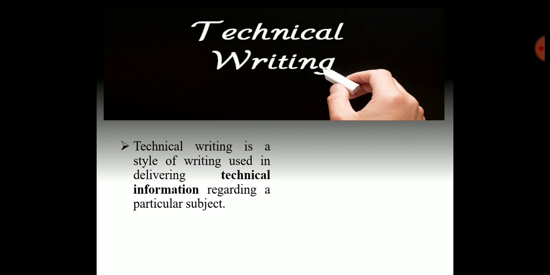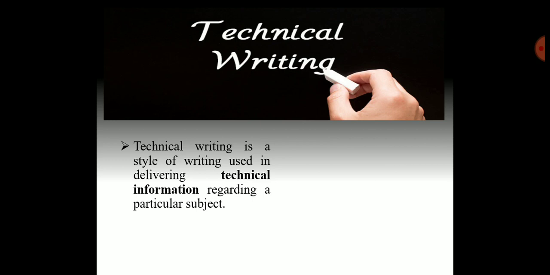For example, if you're considering a presentation or writing about some engineering stuff, generally if someone is asking what mechanical engineering is about or what civil engineering is about, when you're presenting it or writing an essay about civil engineering or mechanical engineering, it is specially intended to give information to that particular audience.